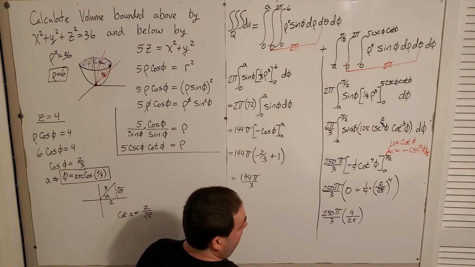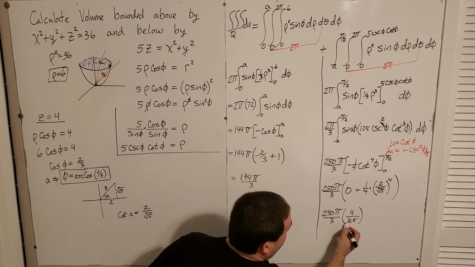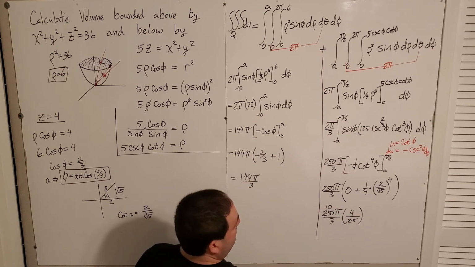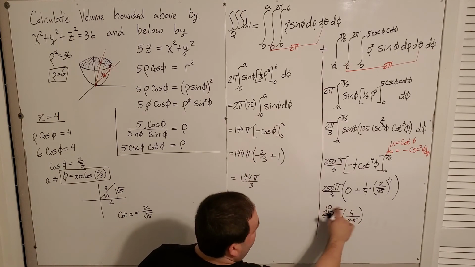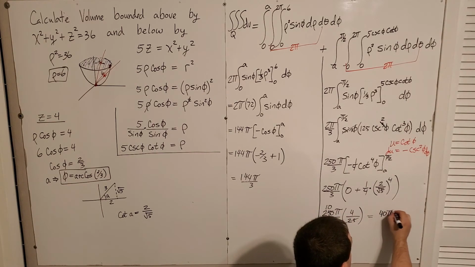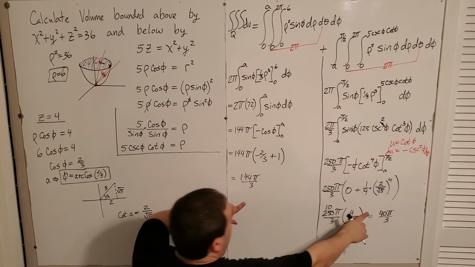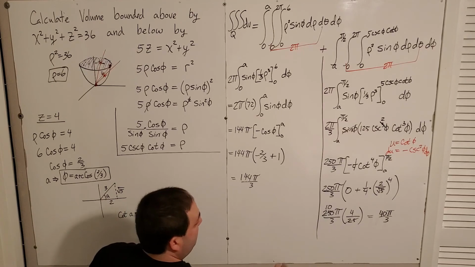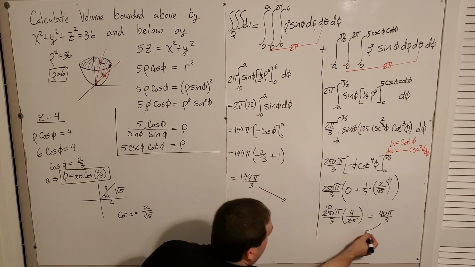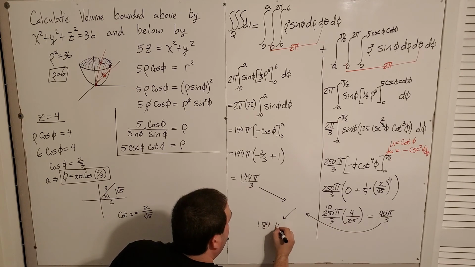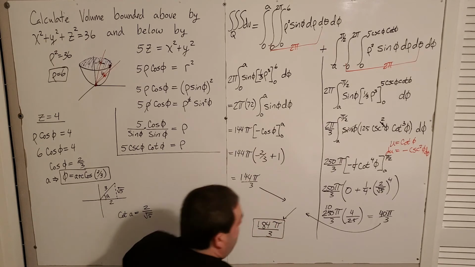Right? Okay, so 25 reduces with 250 to leave me with 10, right? So I've got right here 40 pi over 3. And now it's those two integrals added together, right? For a grand total of 184 pi over 3, which is the value we found last time.